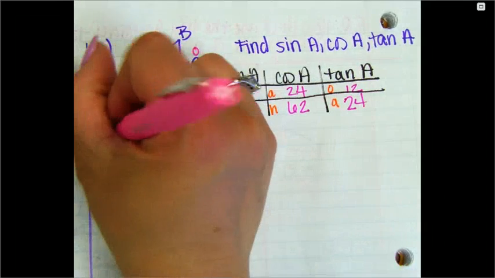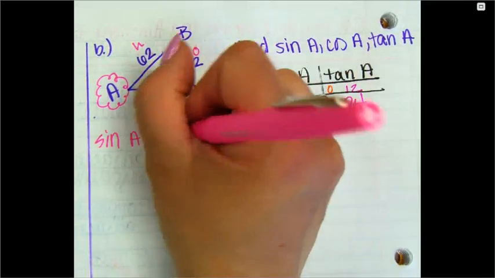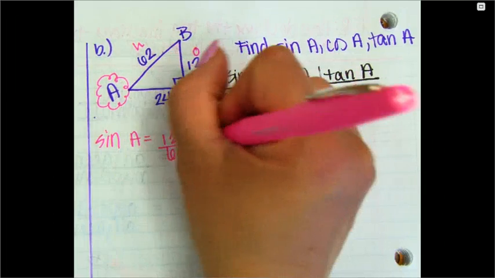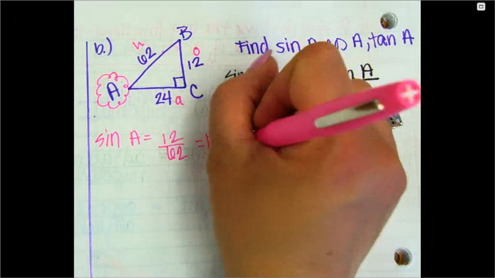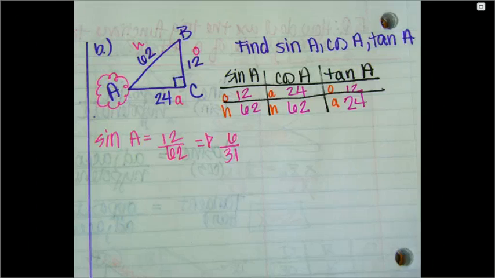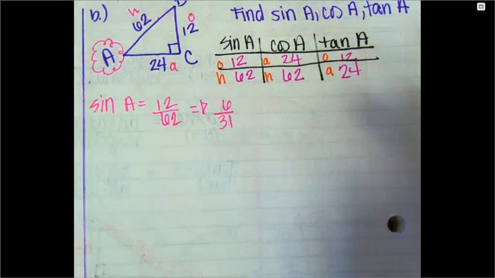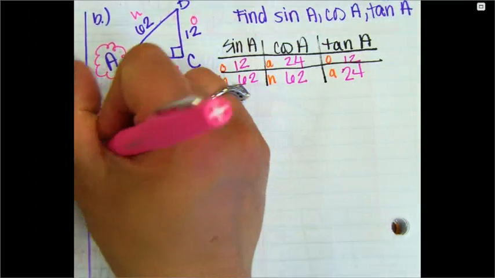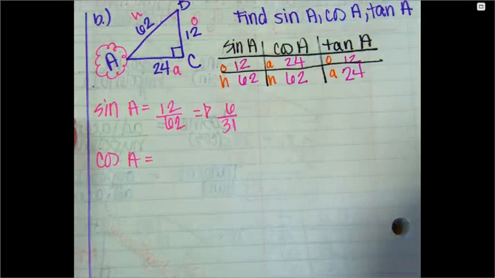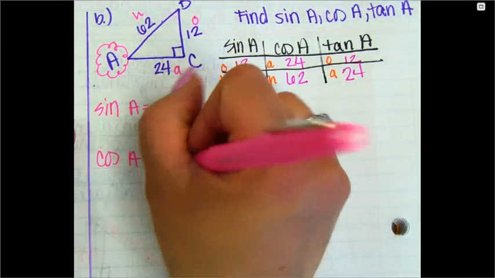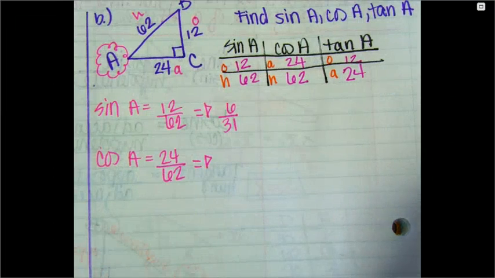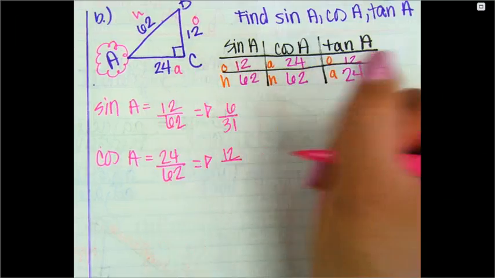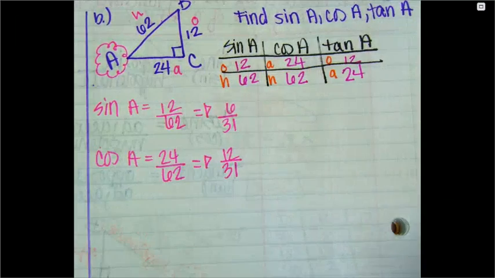All right, let's bring it out. So we're going to say sine of angle A is equal to 12 over 62, which I don't like. I want to reduce it. So what does that reduce to? 6 over 31. Good? Finish it up. Cosine of angle A is equal to 24 over 62, which is reduced to 12 over 31.